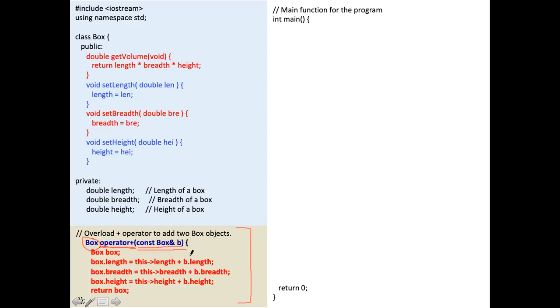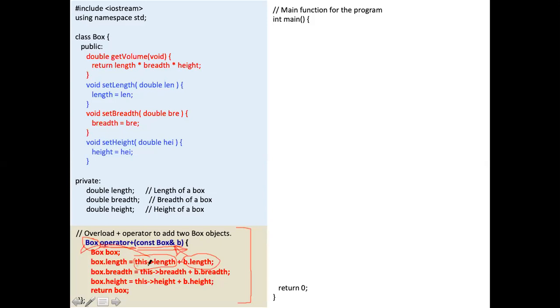ठीक है? b dot length जो है, that would always refer to the object that comes after the operator. B dot length. This length would always refer to the object that comes before the plus operator. ठीक है? The object that comes before the plus operator is called the invoking object. ठीक है.